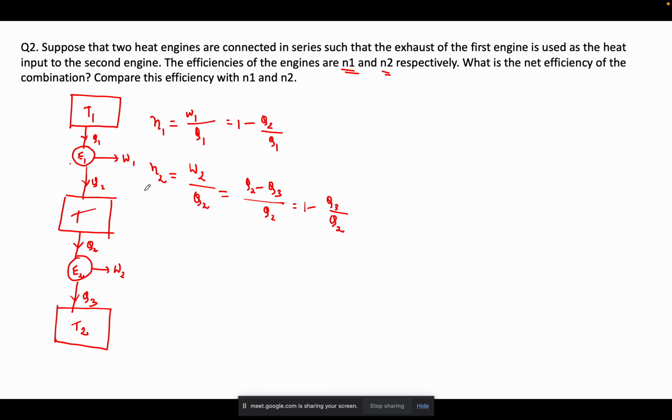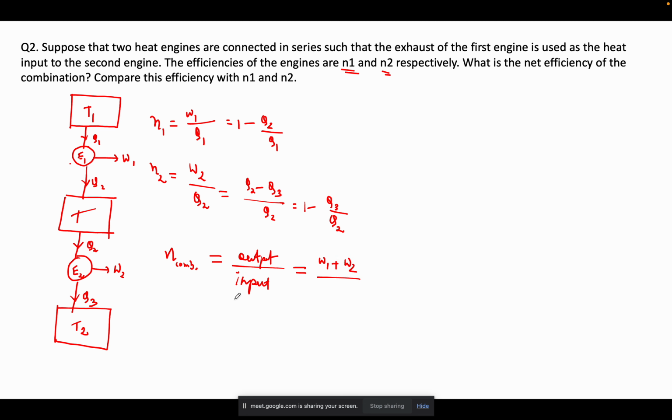Now you have the combination. If you combine these two as a single engine, then eta combined will be equal to what? Again output by input. The output of this combined engine is W1 plus W2.